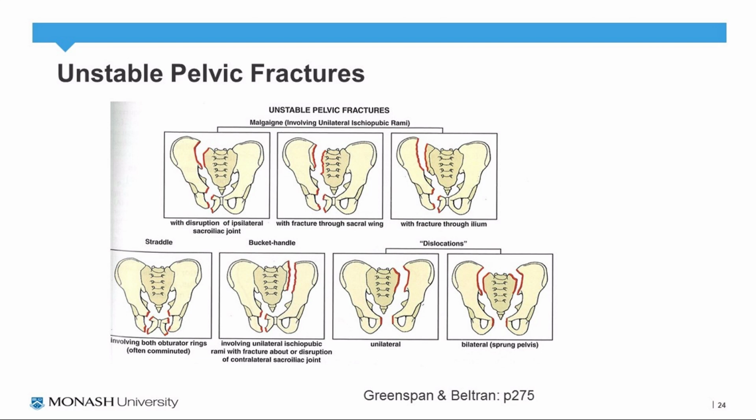Bucket handle fractures involve unilateral ischiopubic rami fractures with disruption of the contralateral sacroiliac joint. And then dislocations, these can be unilateral, or you could have bilateral where you have a sprung pelvis, where the pubic symphysis is widened, so you've got diastasis of the pubic symphysis.